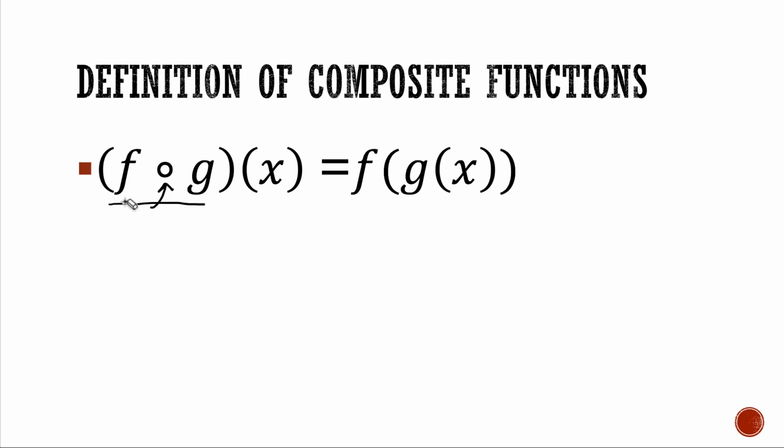So the best way that I know to tell you to do this, because often they will change the letters, so it's not good enough to just memorize this particular definition. We need to memorize the pattern of what's happening. So if you have f composed with g and you are trying to write the definition, I would tell you to write the first letter down first, along with a set of parentheses.